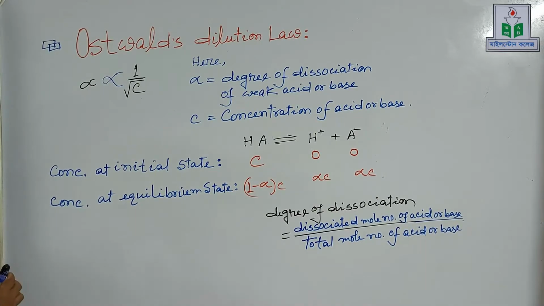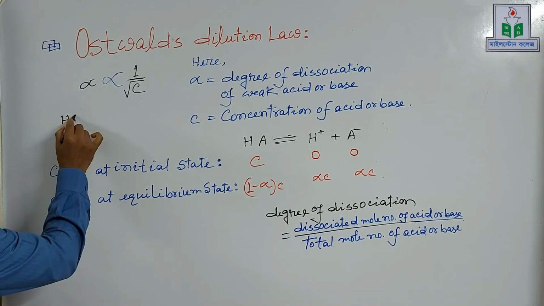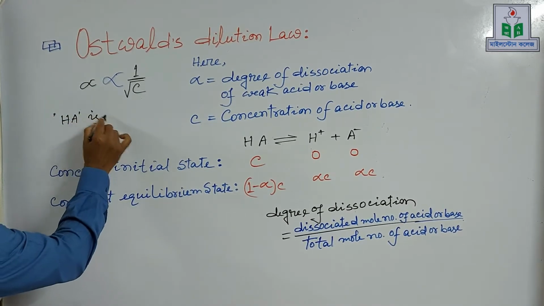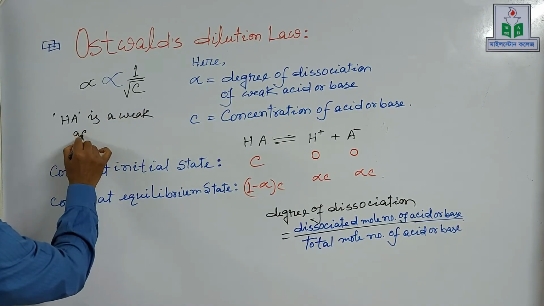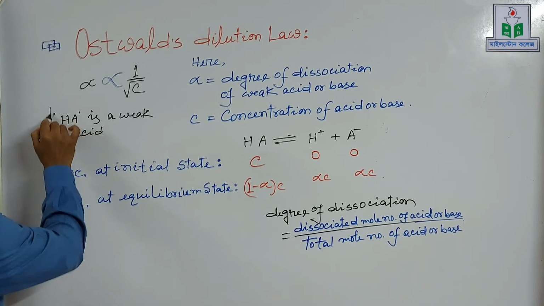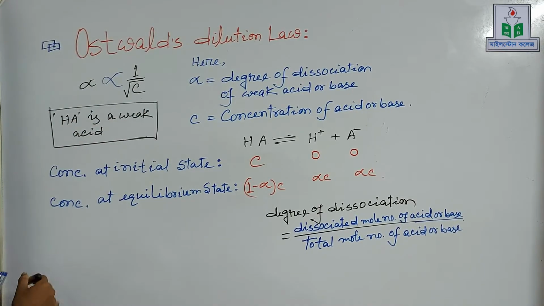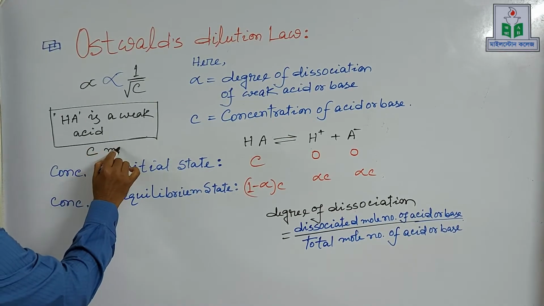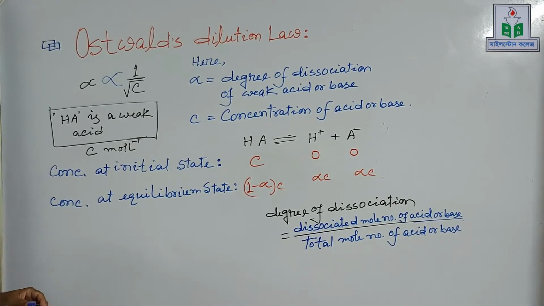Let HA be a weak acid, and the initial concentration of this weak acid is C mol per liter.